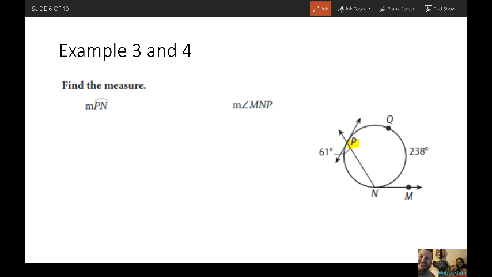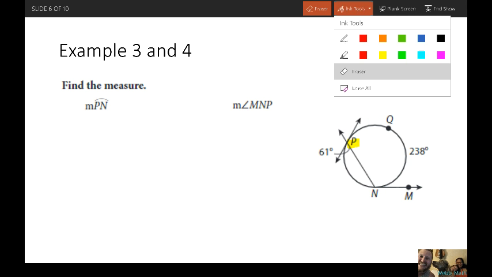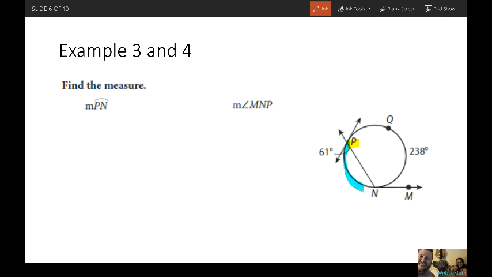And he's going to equal half of what we're looking for, which is the arc of PN, which is going all the way across here. So let's see. I don't think that works. I think they're talking about this guy right here. There you go.